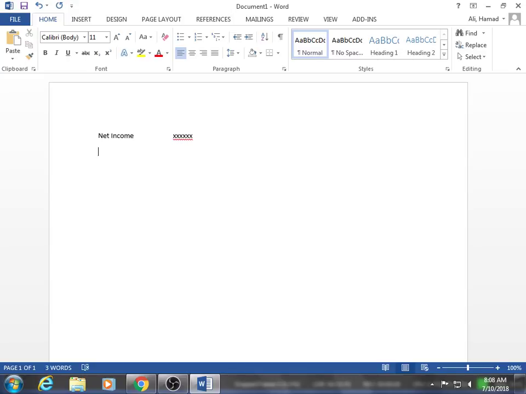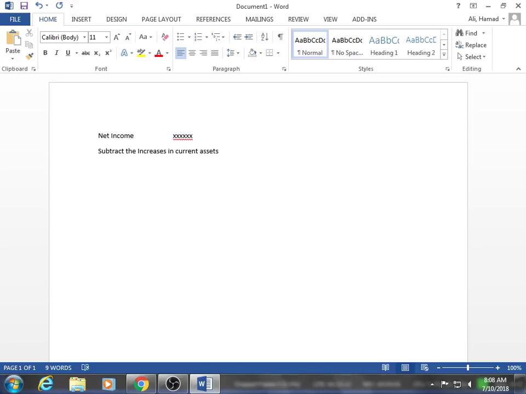Here's the rule, write this down: from net income we subtract the increases in current assets and we add the decreases in current assets.